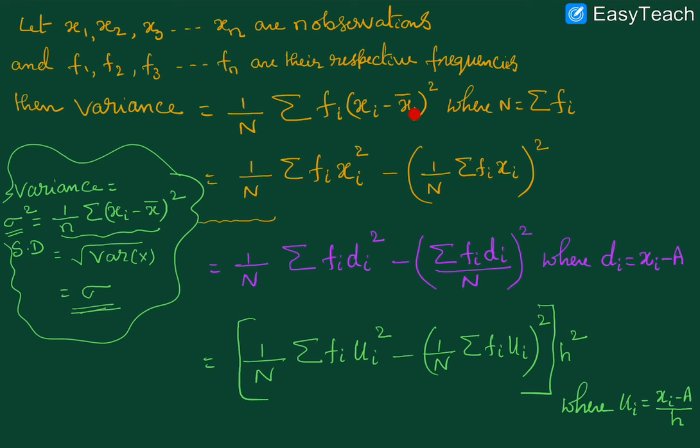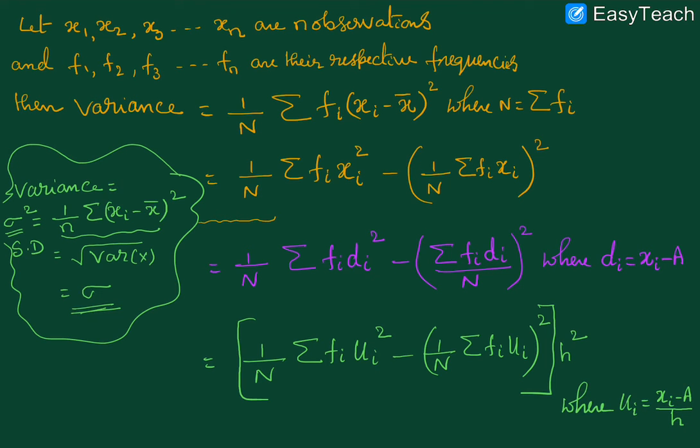After simplifying you will get: 1 by n into sigma fi xi square minus (sigma fi xi divided by n) whole square. N is nothing but sigma fi, so this is nothing but mean whole square.